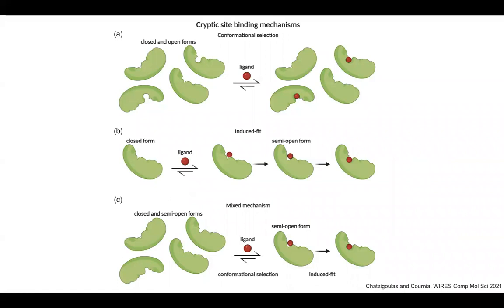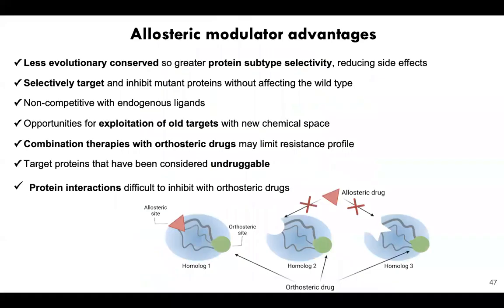For example, a combination of experimental techniques such as fragment-based screening with computational techniques such as MDMix of the Barril lab, where you can unveil these cryptic sites, which could act either through conformational selection or through induced fit, or through both conformational selection and induced fit.